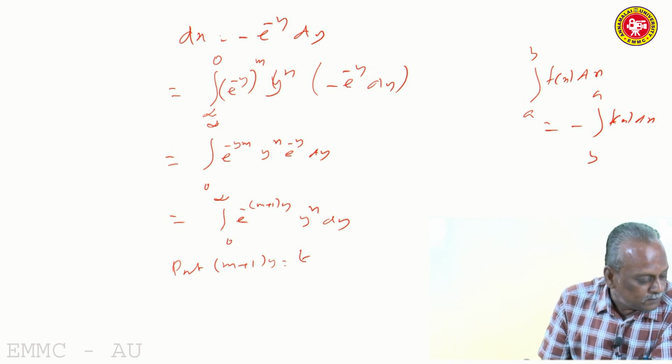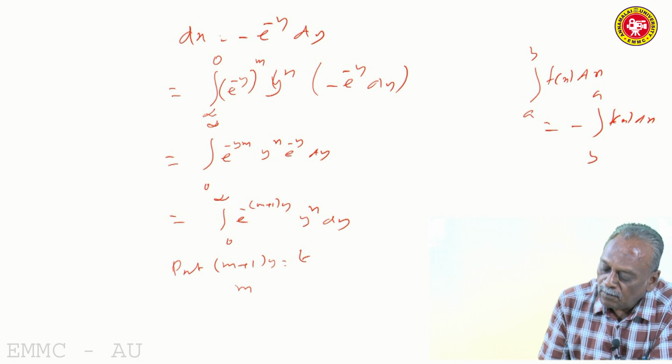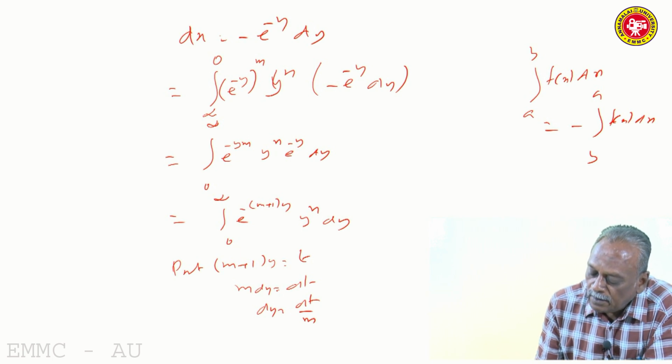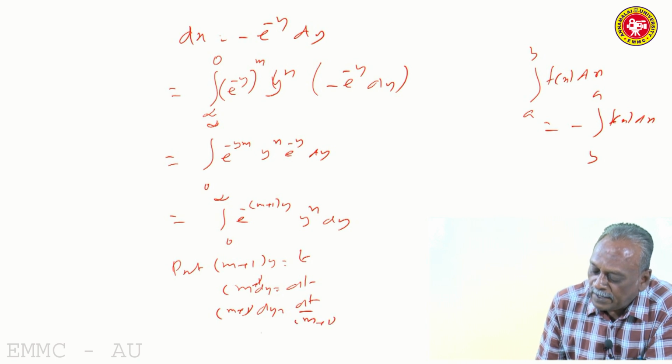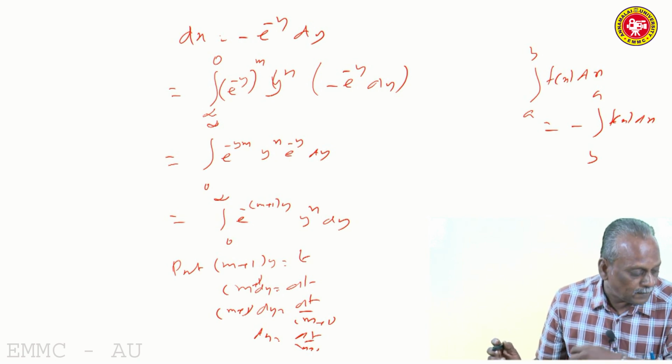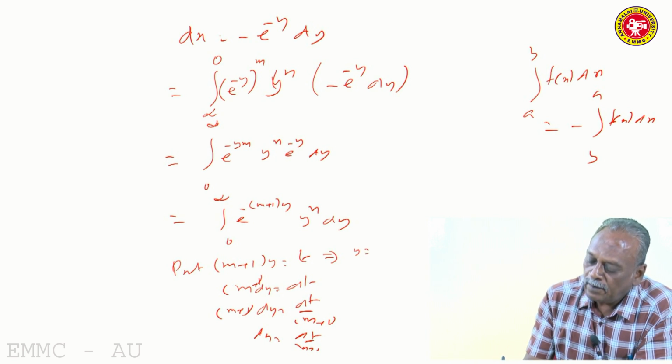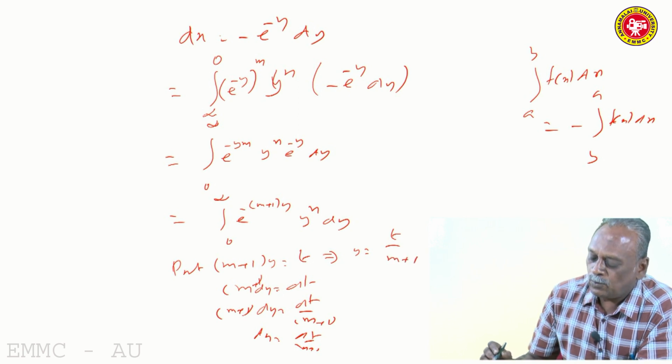So m plus 1 dy equal to dt, which implies dy equal to dt by m plus 1, and y equal to t by m plus 1.